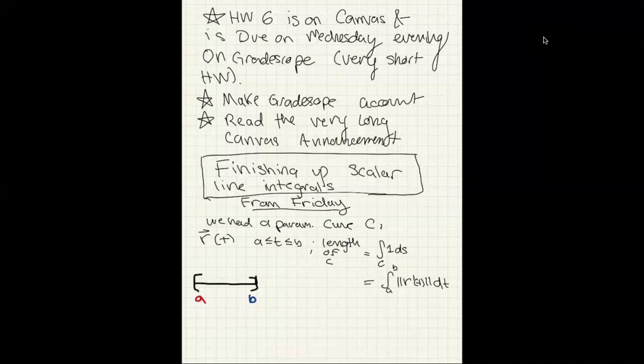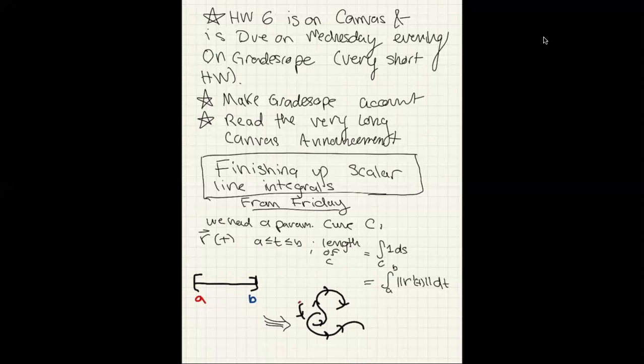And what you can think of your parametrization as doing is actively taking that single-dimensional interval and strewing it about 3D space as some kind of wacky curve. Maybe it's a helix, or maybe it's a circle, but it's some curve in 3D space.